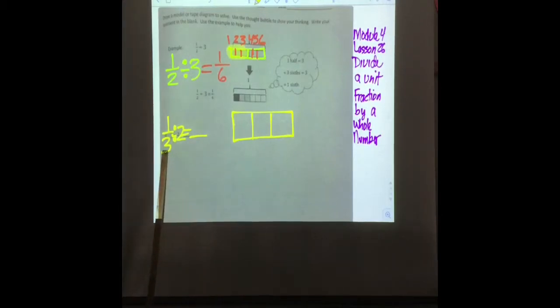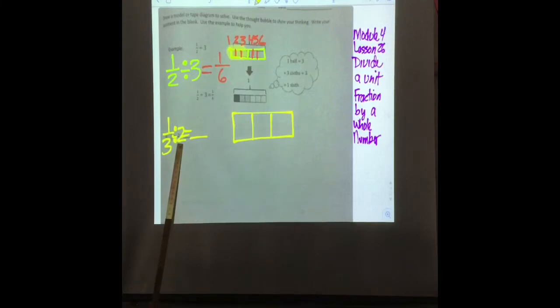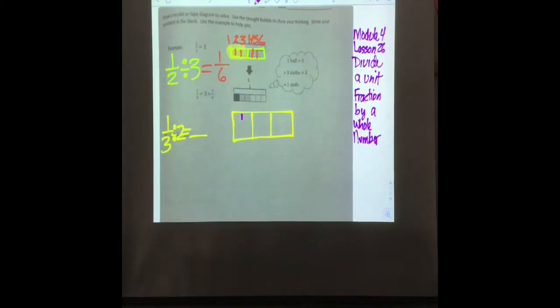Okay, we have our 1/3, and we're going to cut it up into 2 pieces. As you see, we've divided them into 2, okay?